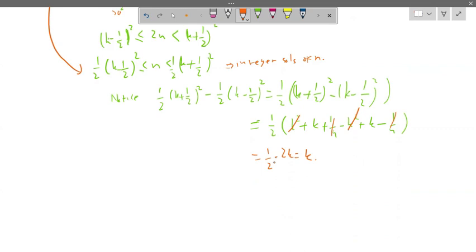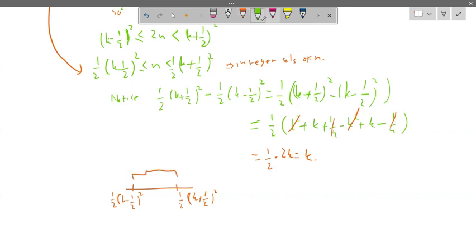If you plot this on a number line, then you have 1/2 times k minus 1/2 squared here, and then 1/2 times k plus 1/2 squared. Now, this actually passes through a certain number of integers, but how many?